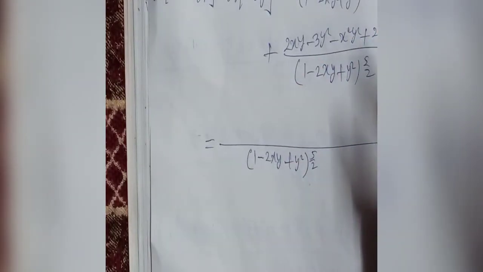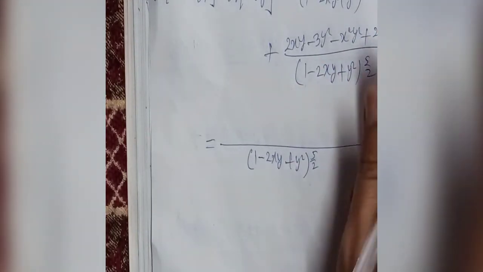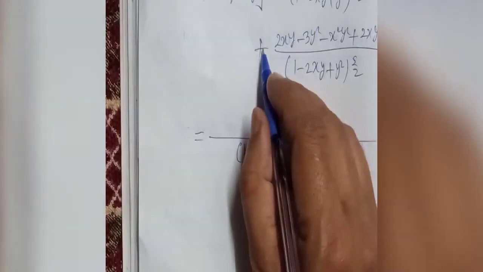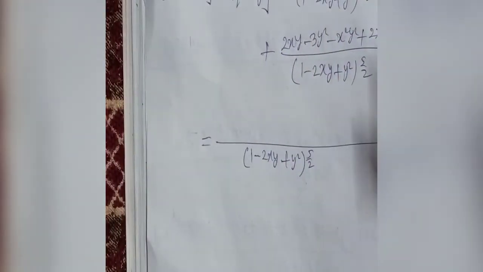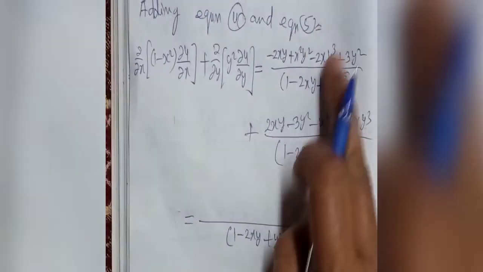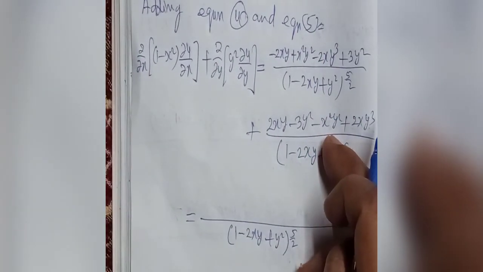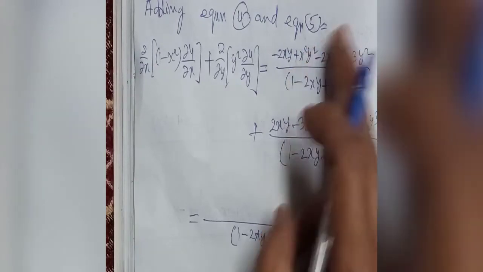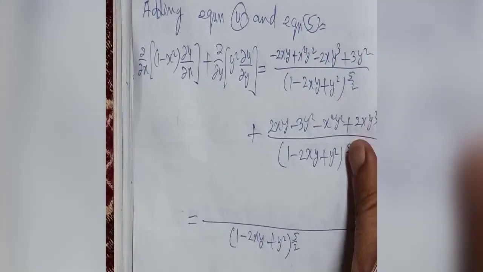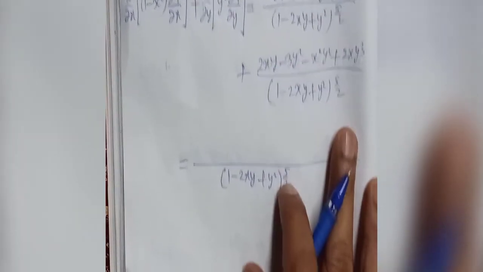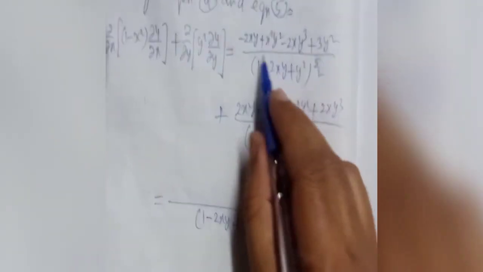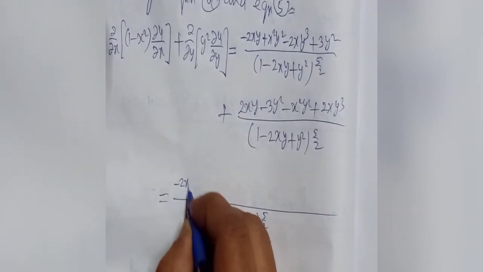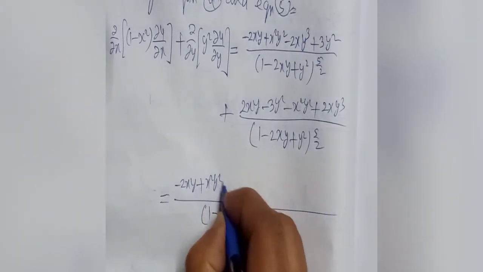Or we can solve it another way by taking the minus sign from this bracket. Then we find that this value is positive and this value negative at the same time, and you can cancel them out and write the answer 0.